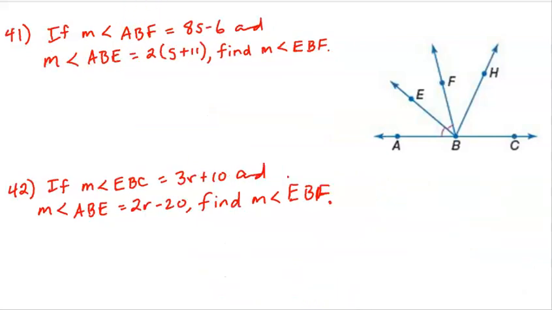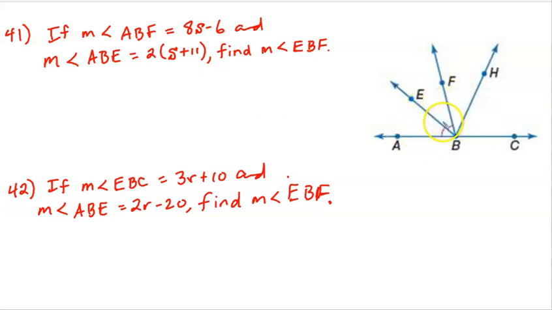All right. A couple more from this section. ABF is 8s, I know my s's sometimes look like 5s, but these are s's. ABF is 8s minus 6, and ABE is 2 times the quantity s plus 11, then what is EBF?